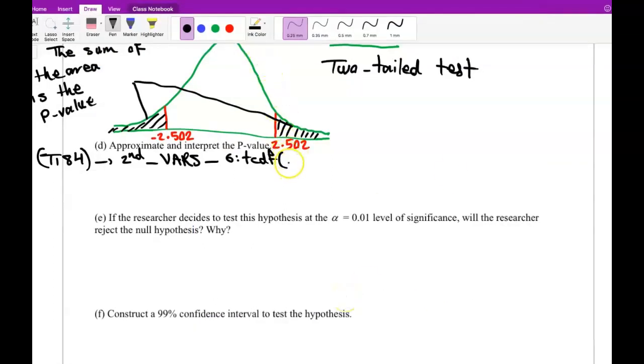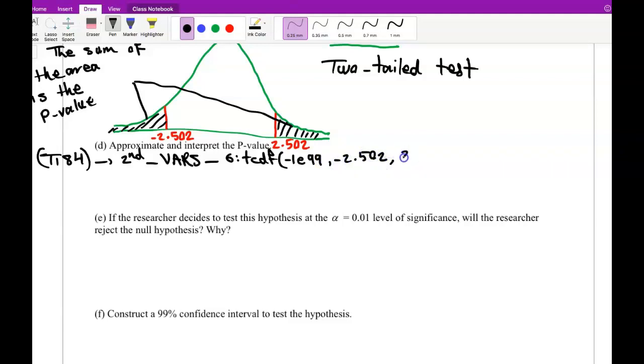Okay, so what I entered here was negative 1, I press second, then use divided by to enter E99. As I explained before, this is negative infinity. Then comma, negative 2.502.